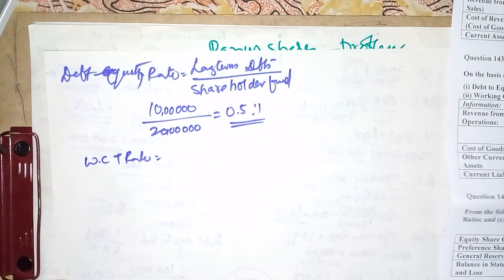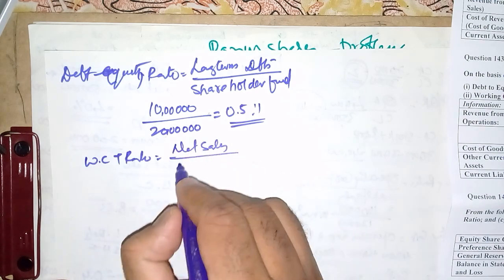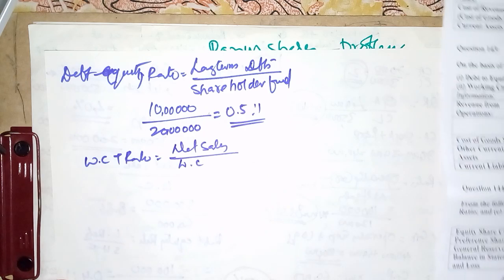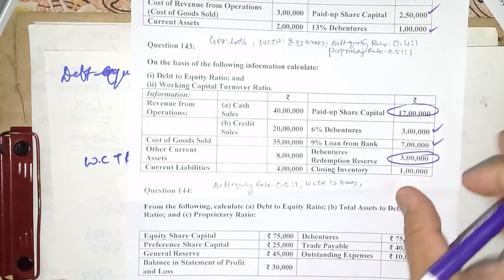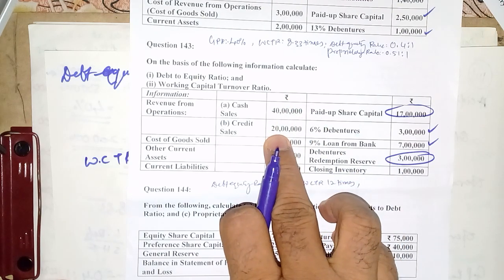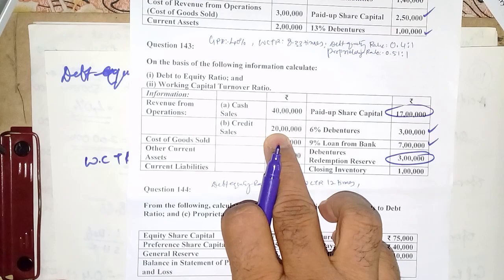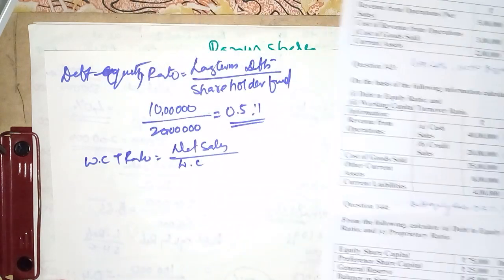For working capital turnover ratio, we require net sales divided by working capital. So revenue from operations, sales are 40, cash plus credit 60 lakhs, is our sales. Then we need to have working capital.